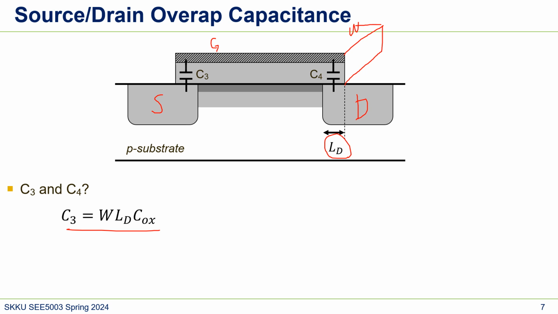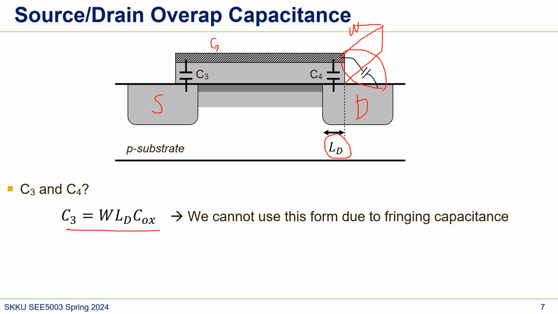But can we just represent it this simply? No, we cannot, because we have this fringing capacitance.